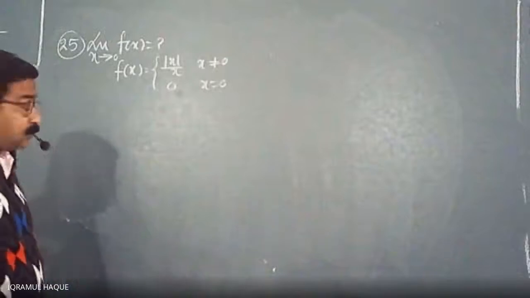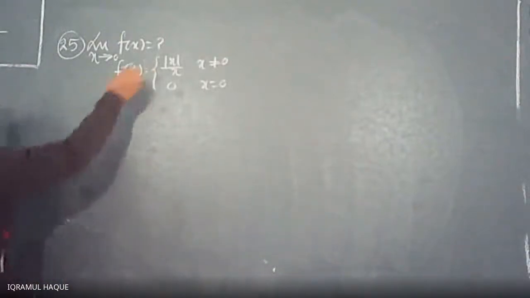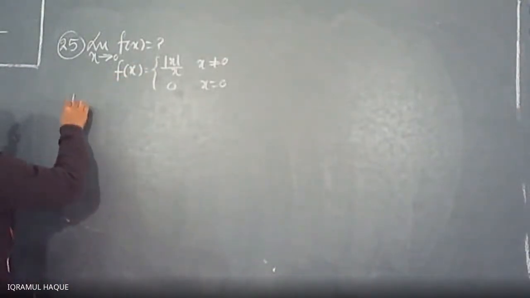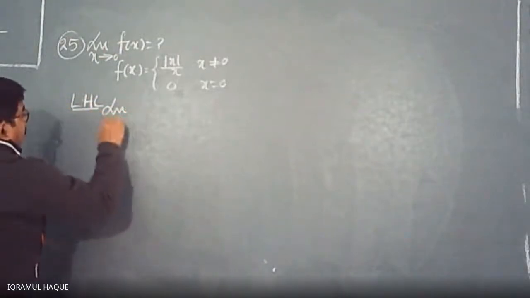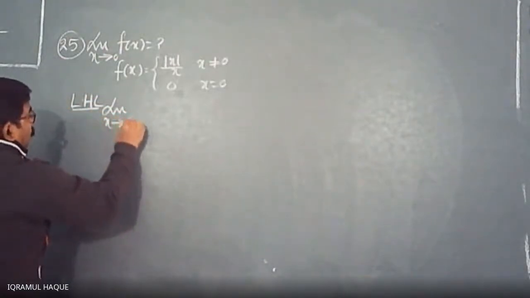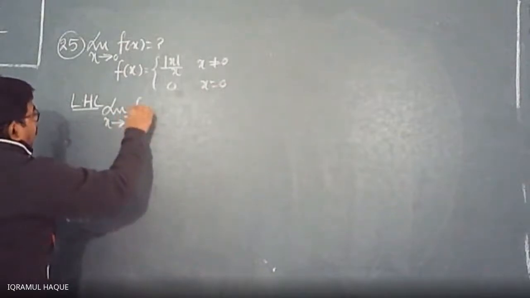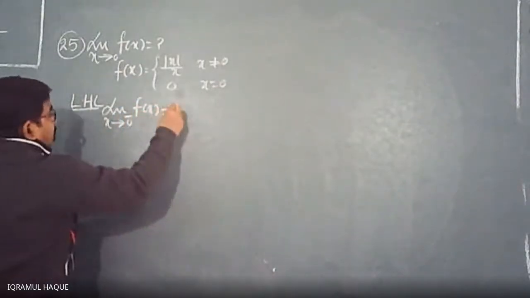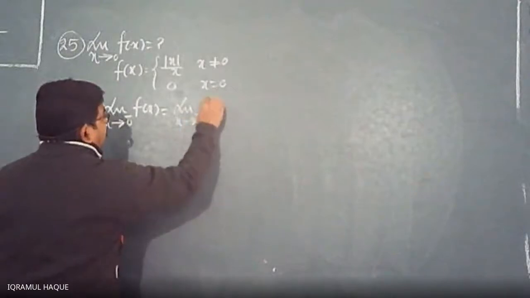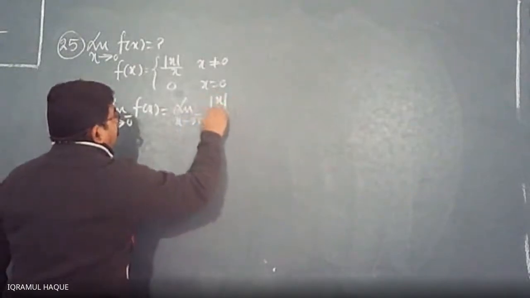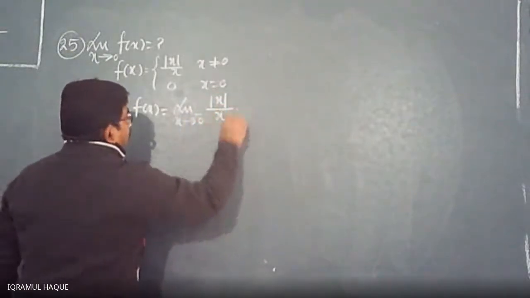So we write LHL: limit x tends to 0 minus f(x), which is mod of x upon x.